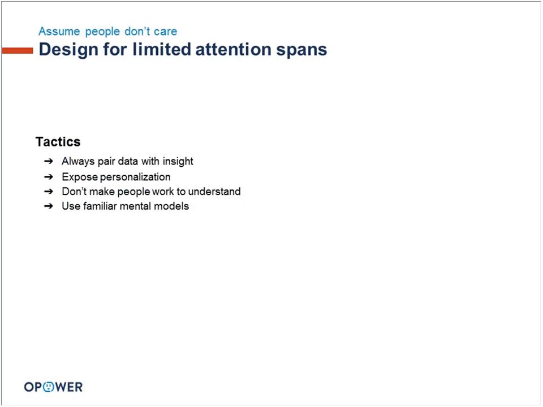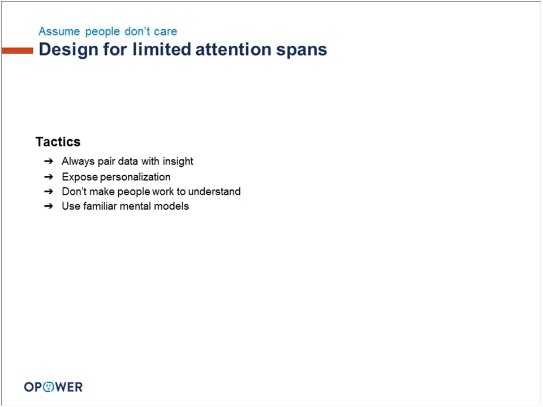And we have a lot of tactics that we can use to do this. So one is understanding that people have very limited attention spans. They're not choosing, for the most part, to receive the information that we're giving them. It's coming along with lots of other information in their lives. So we need to make sure that whatever we're telling people is relevant and personal.